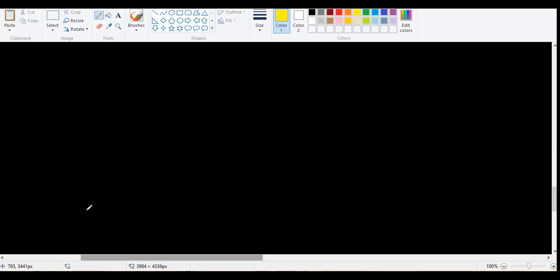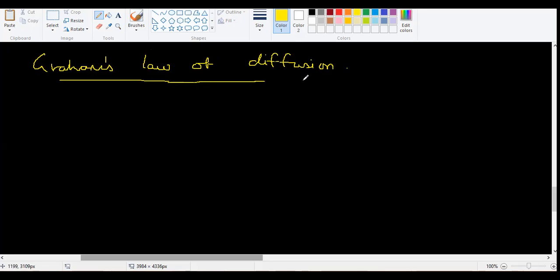Then there is something called Graham's law of diffusion. This is also something you have studied in your chemistry, I think. This is coming in the gaseous chapter. Do you remember the law, Graham's law of diffusion? What is that you remember? Graham's law of diffusion basically says the rate of diffusion of a gas is inversely proportional to the square root of its molecular mass.